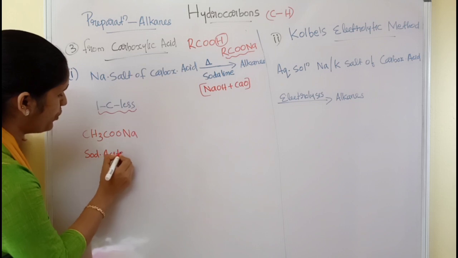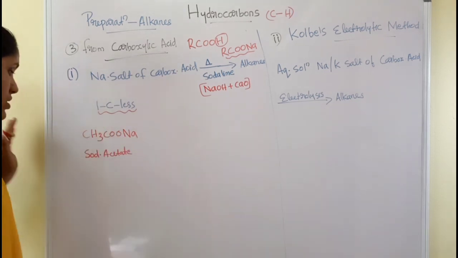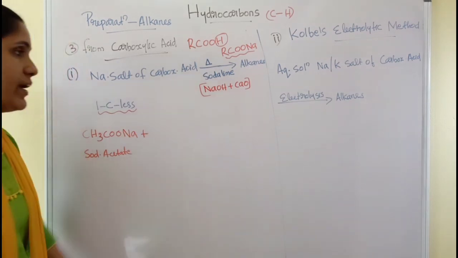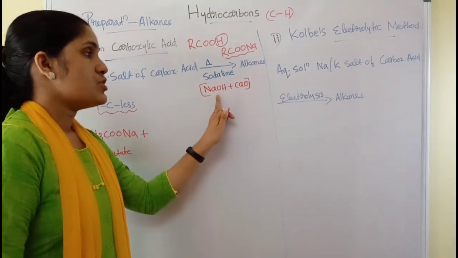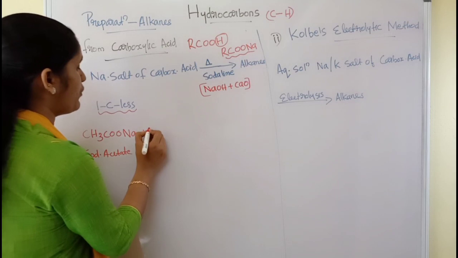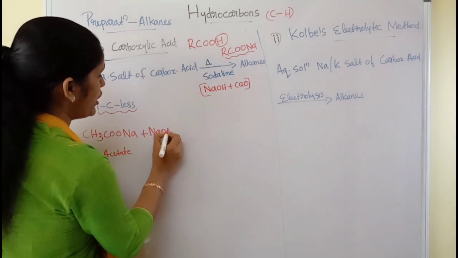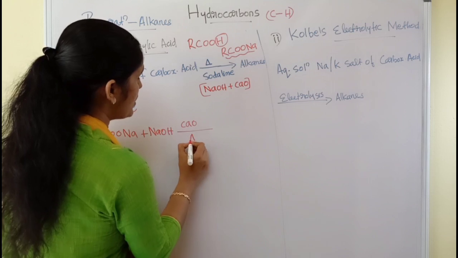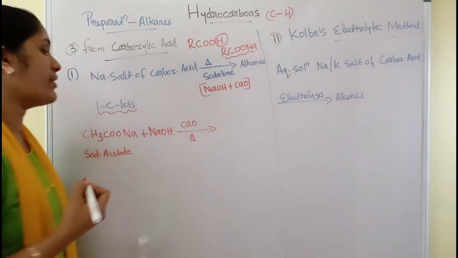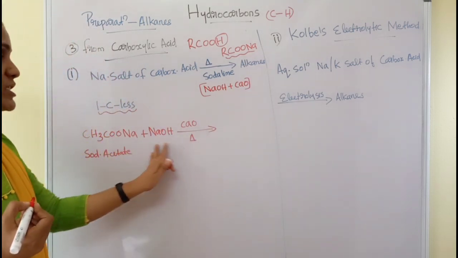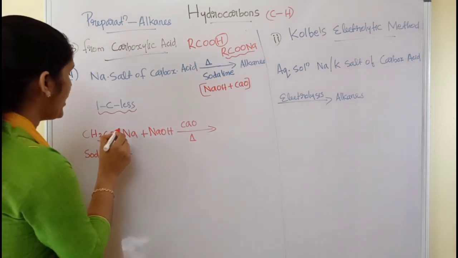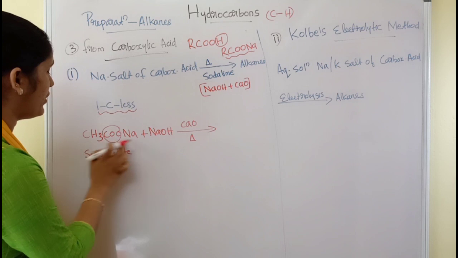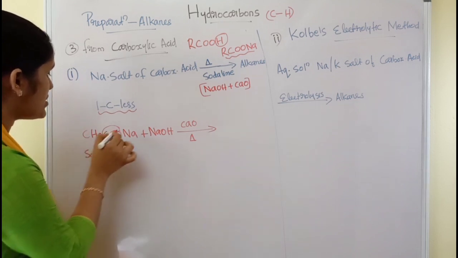The compound is called sodium acetate, and it should be heated with soda lime. Soda lime, as we have already said, is NaOH and calcium oxide, and it should be heated strongly. On heating, carbon dioxide, COO, is removed from this sodium salt of carboxylic acid.